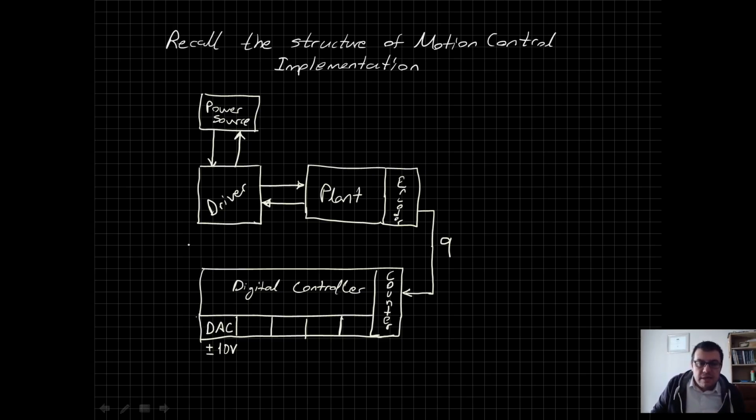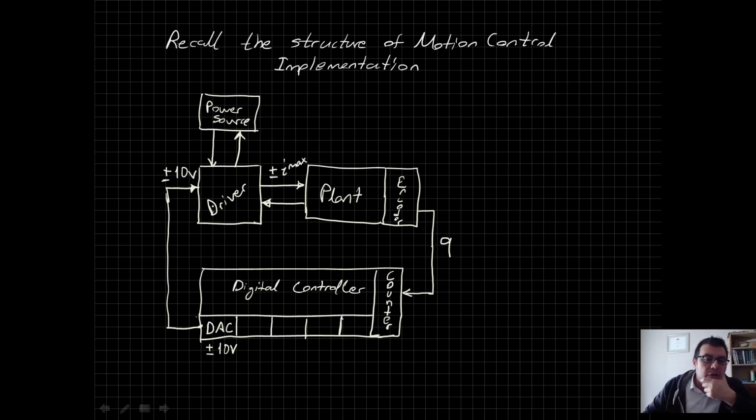And what happens is that your driver receives the analog voltage input from your DAC channel here and adjusts the power accordingly. So plus minus 10 volts corresponds to plus minus I max.